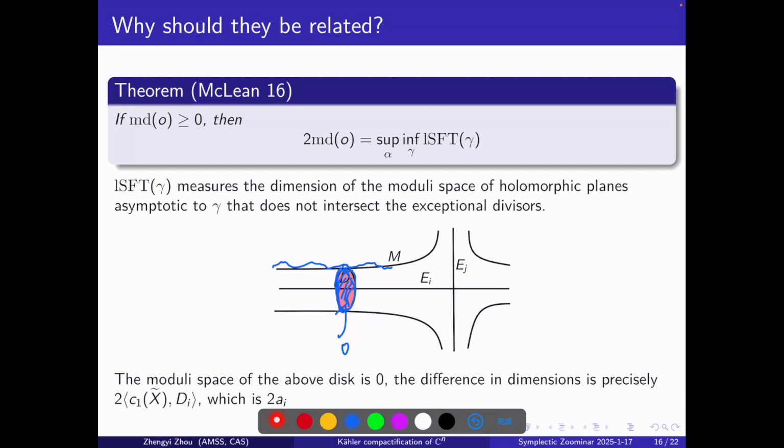And the difference is precisely 2c1 of the resolution paired with this disk D_i, which is precisely 2a_i. So the endgame is that you want to show that such holomorphic curves will exist for different contact forms. But this is morally why the minimal discrepancy and the SFT degree should be related.